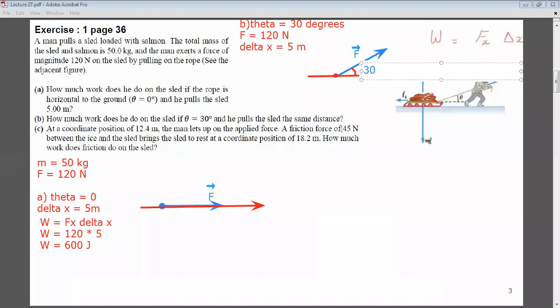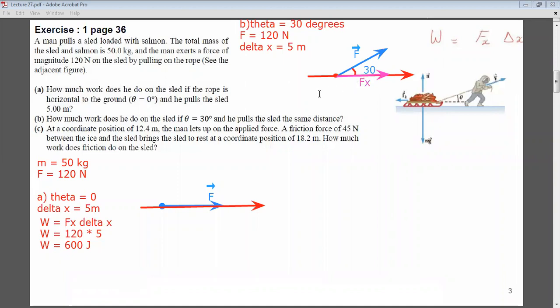So how do we get Fx? As usual, we move on the x-axis until we reach the tip of the vector. This is Fx, and it is adjacent to angle 30.